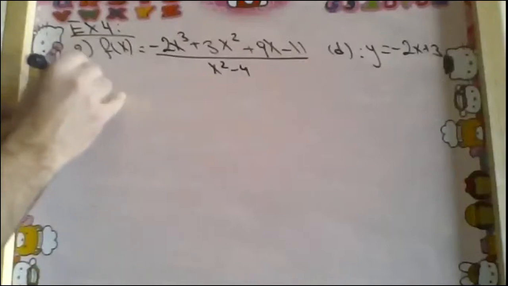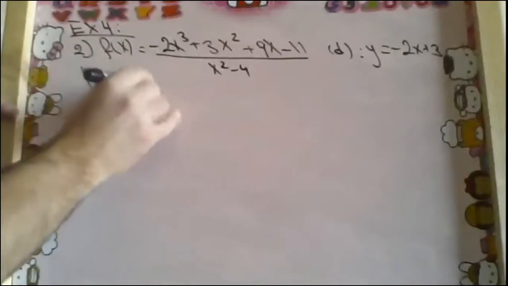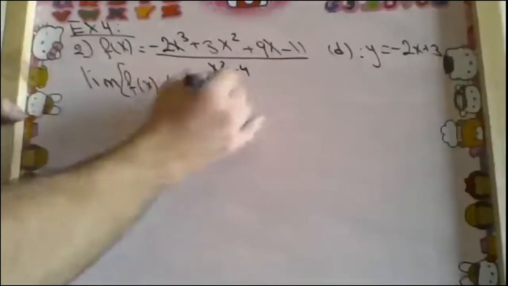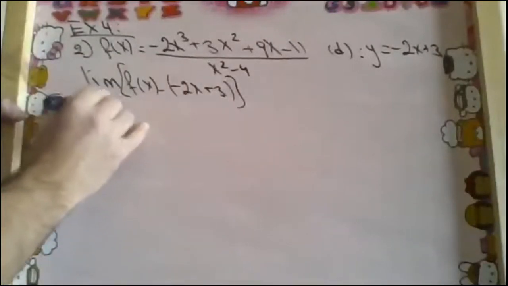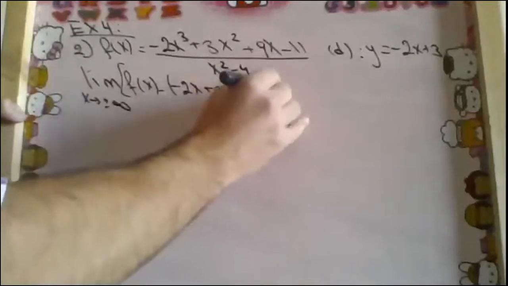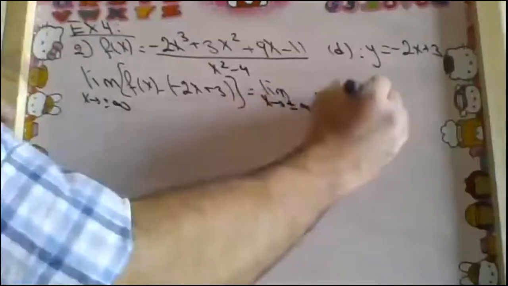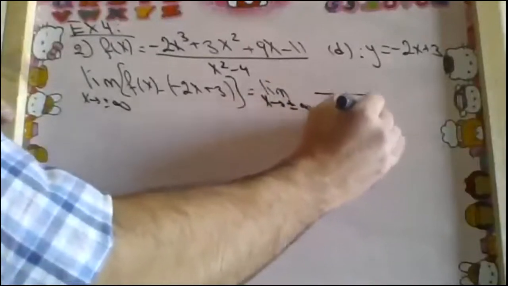We found that the limit of f of x minus the equation of the line, negative 2x plus 3, as x approaches positive or negative infinity, is equal to the limit of x plus 1 over x squared minus 4.